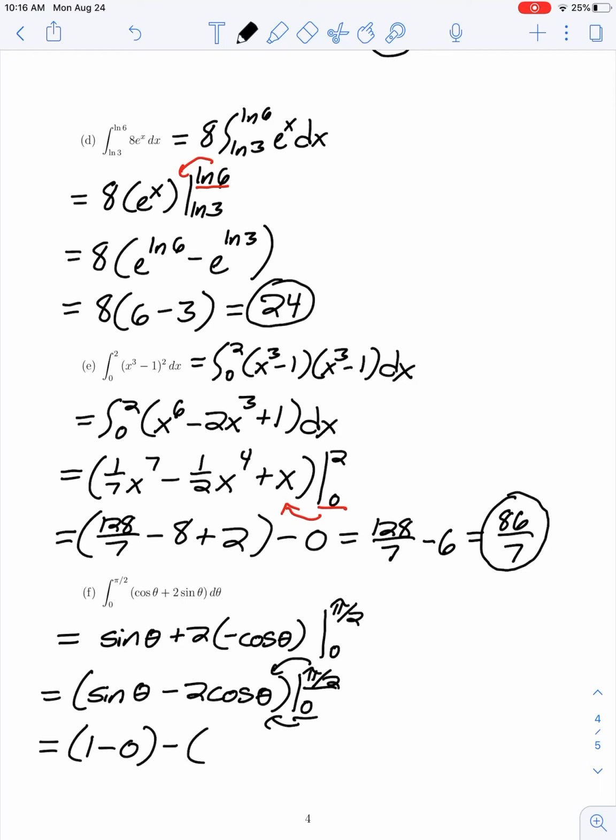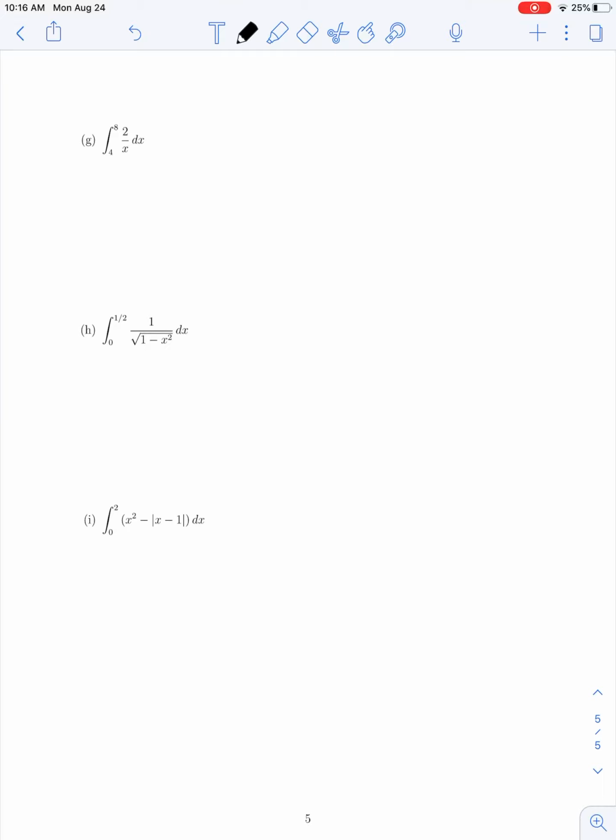So we have sine of 0, which is 0, minus 2 times cosine of 0, which is 1. So we have a negative 2. So simplifying, we have a 1 minus negative 2, which is the same as adding 2. So we have a total of 3. Okay. So let's look at a few other examples to finish out this section.